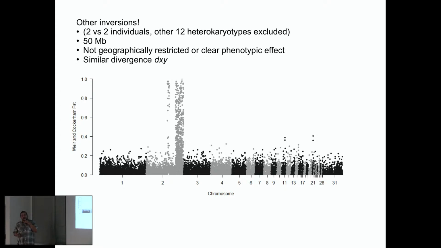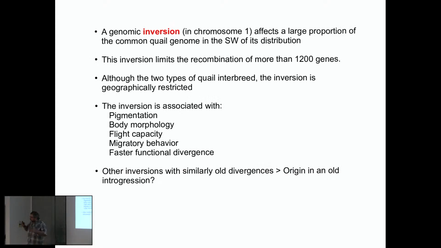So this is still ongoing work, with lots of things to be done. Just to wrap up a little bit what this is taking us. We know that there is a big genomic inversion in chromosome 1 that affects a large proportion of the common quail genome, limits the recombination of 1,200 genes, so they are inherited as a single unit, and is restricted in geography.